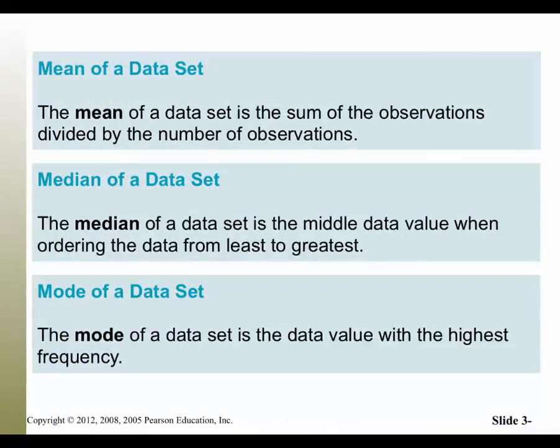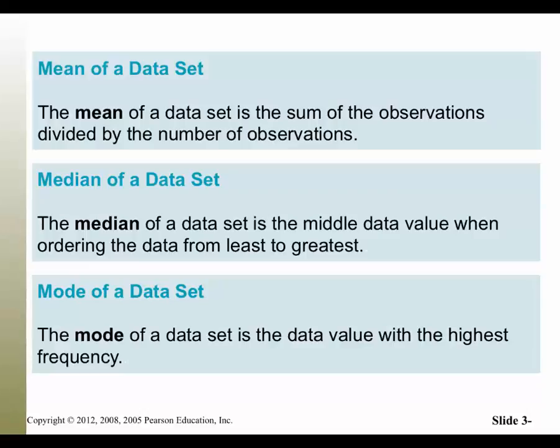So the mean, you've all had the mean of your test scores, right? You've all had test scores in a class, and you found your average. So the mean is the sum of the observations divided by the number of observations. The median is the middle data value, the value such that half of the data is above it and half of the data values are below it.